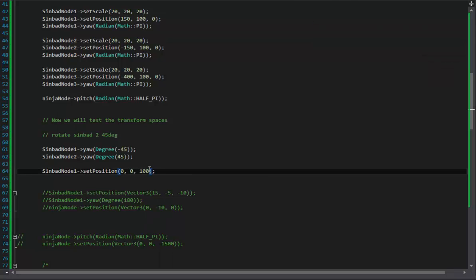The set position sets the relative location of your node with respect to its parent. So basically, whenever you are to the right of your parent, when you set the position, it's going to move you behind on the z-axis of your parent. So it's going to place you behind the location of the parent.